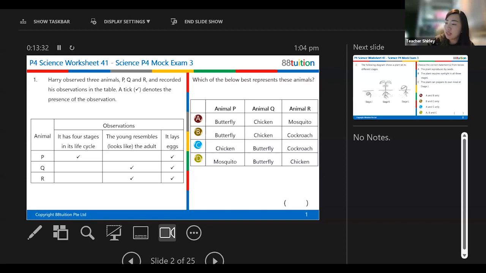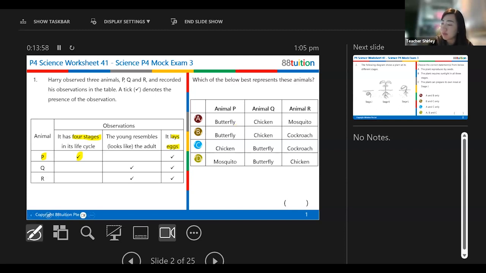Let's look at animal P first. Animal P: 4-stage life cycle, lays eggs. Out of these 4, we have to decide which one has 4 stages. Does the butterfly have a 4-stage life cycle? Yes.